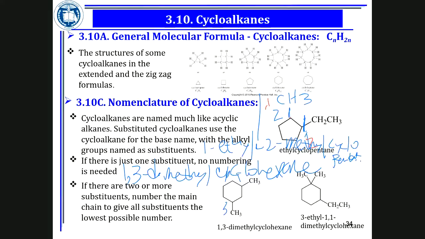We have to follow the alphabetic order, just like an alkane, and then the name of the main carbon chain. Because it's a cyclic system, we use the prefix cyclo to show the cyclic system, and then we say pent because it's 5 carbons, and then we say ane because it's a saturated cycloalkane.